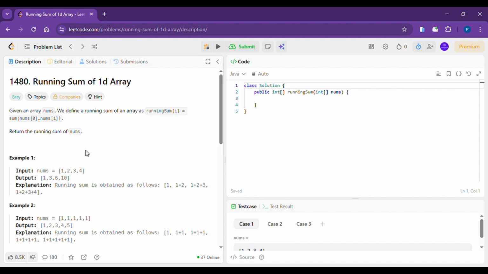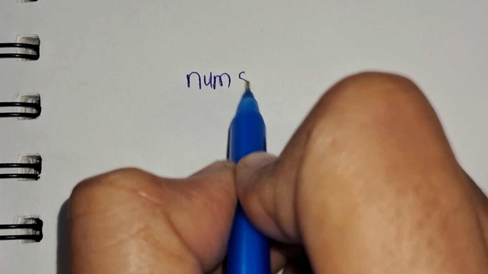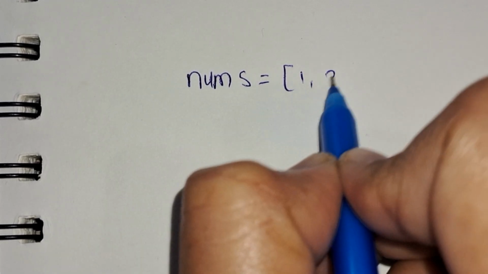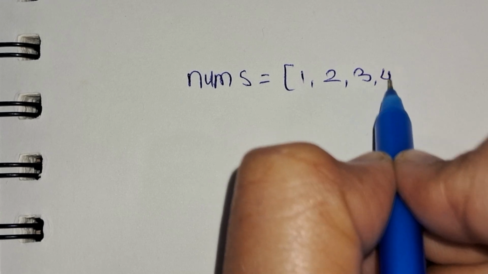Now let's just understand what this problem means at first. For that I'll be switching to my camera and my notepad. Okay, now suppose the nums array we are having here is nums = [1, 2, 3, 4].